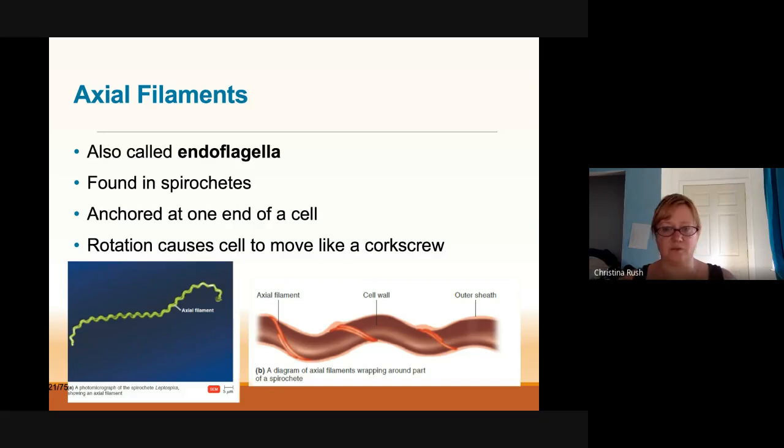It's not going to be its own structure outside of the cell like we saw in those other pictures. They're found in spirochetes. They're anchored at one end of the cell, and as they rotate, they'll cause the cell to move like a corkscrew. So the flagella isn't going to detach and wave at any point. It's going to stay on the cell, but it's still going to allow movement for that cell.